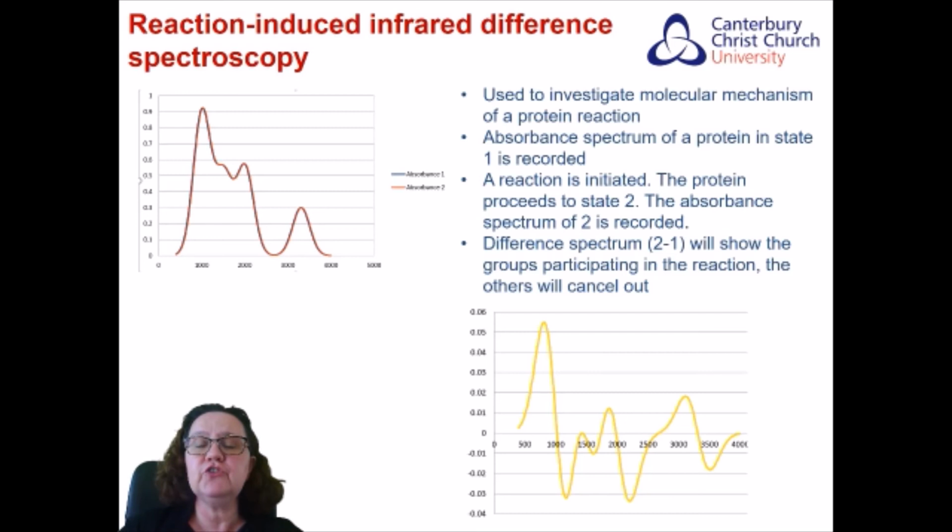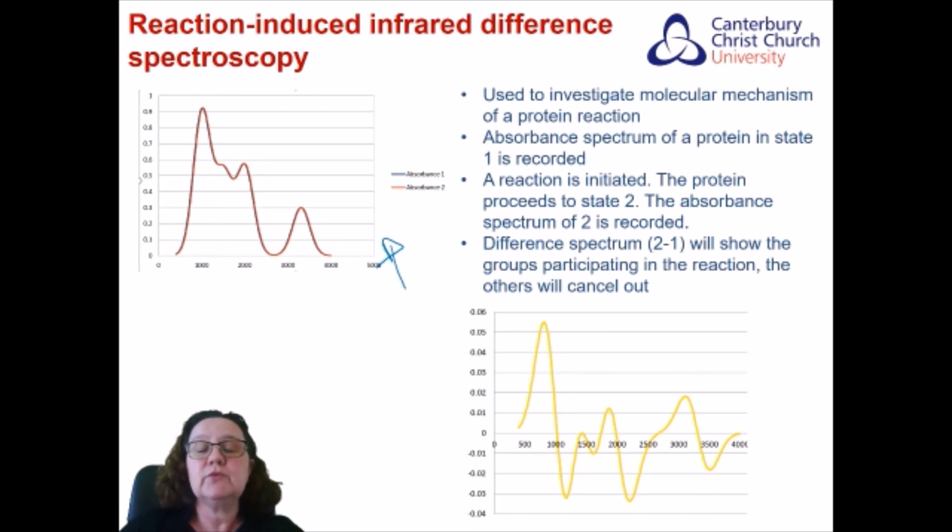So the relationship between the reaction taking place, again think of enzyme activity, and the structural changes that take place once the reaction happens. So in this spectrum here on the top, you've got, imagine, a protein in a particular condition, state 1, before the reaction takes place, and a spectrum is recorded.